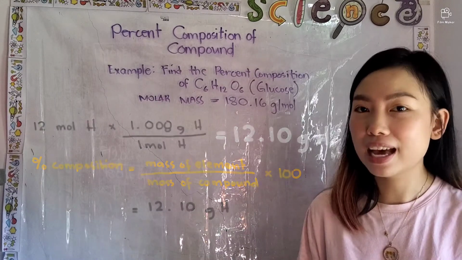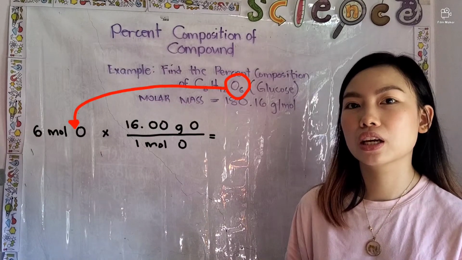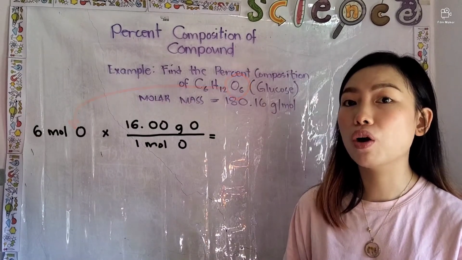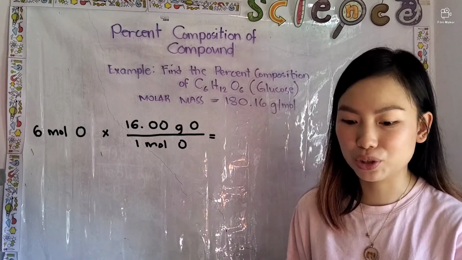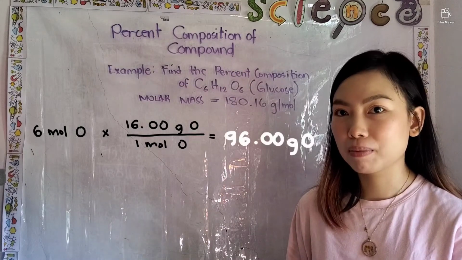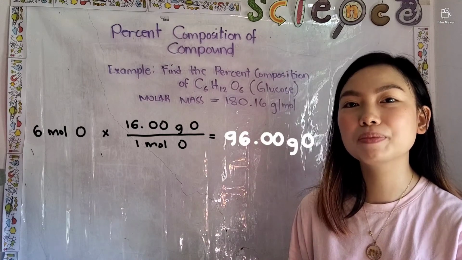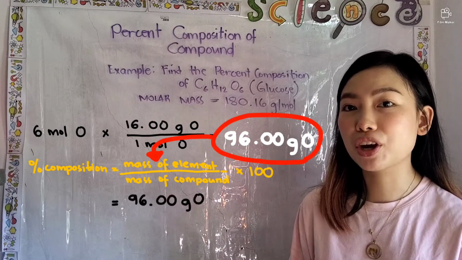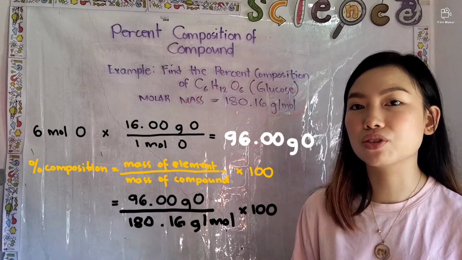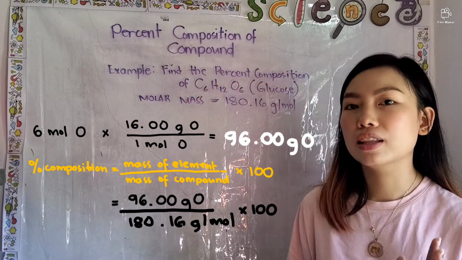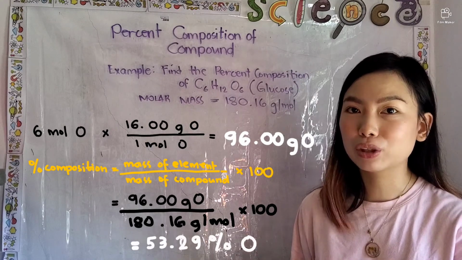And then, for the last element, which is oxygen, 6 mole of oxygen multiplied by the mass of 16, you'll have the answer of 96 grams of oxygen. Then, to find the percent composition, 96 grams of oxygen divided by the mass of the compound, which is 180.16, divide it, and then you'll get the answer of 53.29.